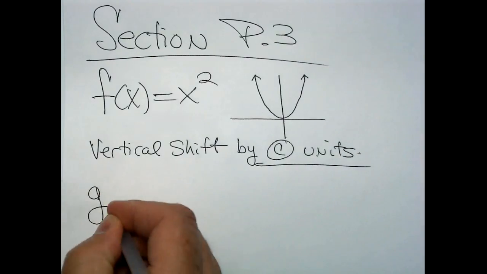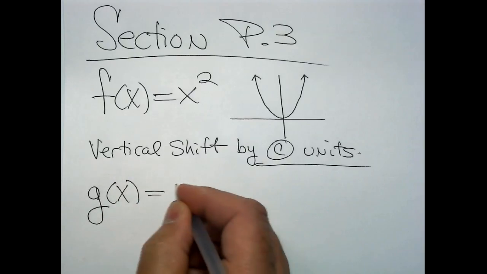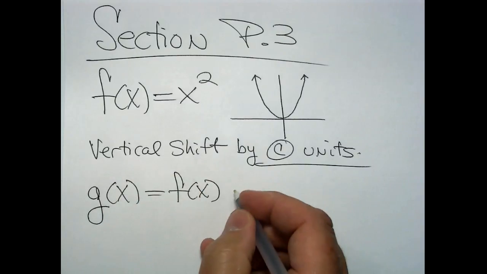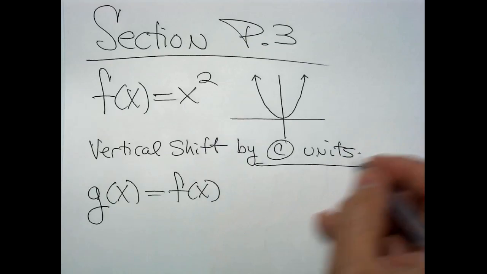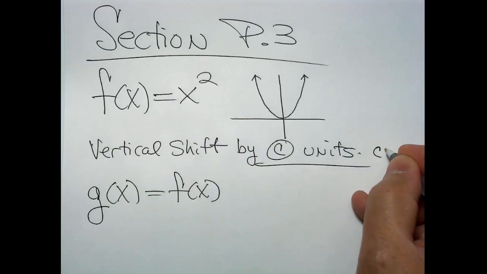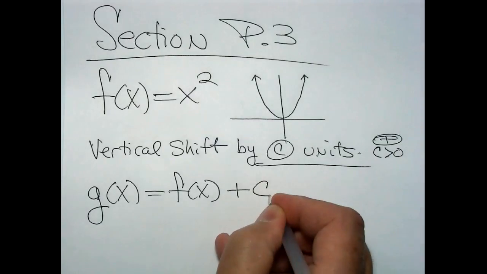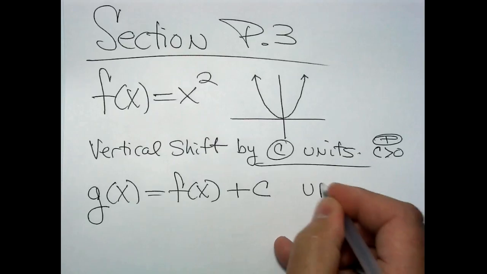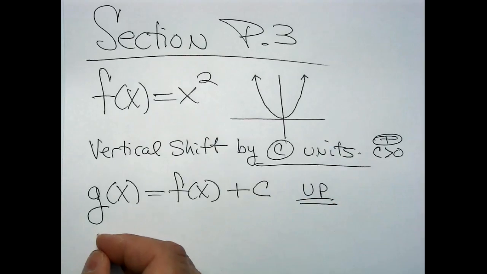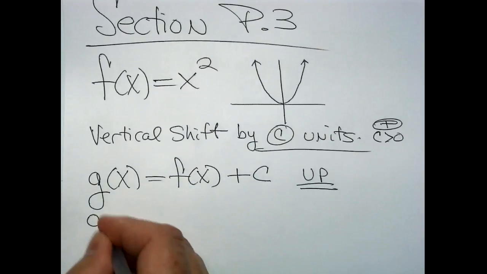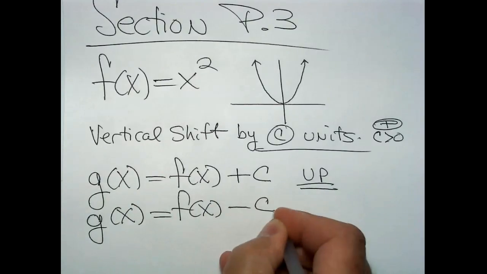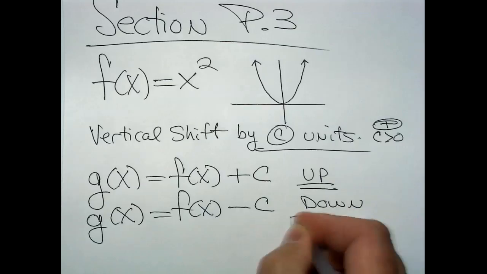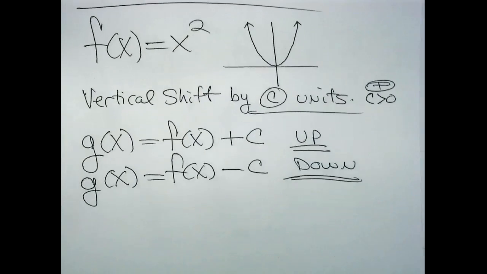If you want to create a new function, so we'll give it a new name, you take your old function and let's make C greater than 0. I want to make C positive. So if we add C, this is a vertical shift up by C units. If we subtract C, we take the old function, and on the outside we subtract C, and that's just a vertical shift down. So up and down couldn't be simpler.